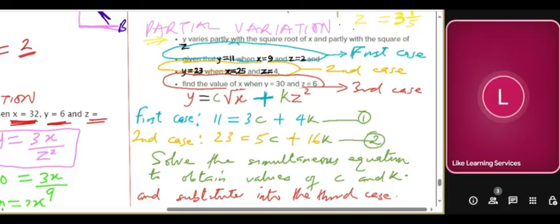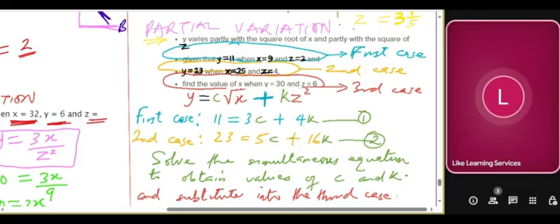Alright, so it's actually easier than you think. We call that partial variation. It varies partly with the square root of x and partly with the square of z. Partly and partly. That's how you differentiate it from joint variation. In fact, it varies separately with those other quantities.